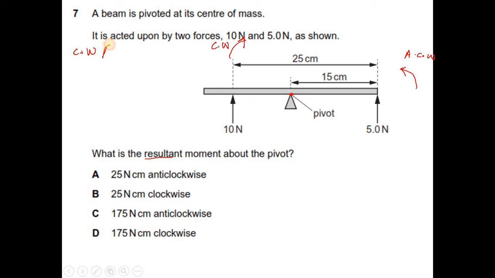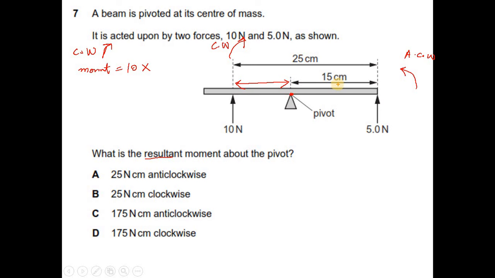Clockwise moment is equal to force 10 times the pivot distance, and we need that distance for the clockwise moment.